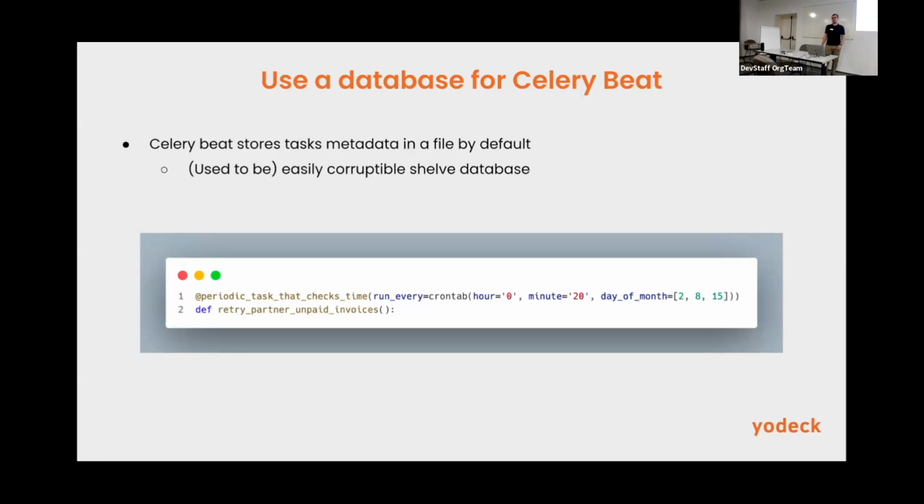And by default, it stores the data and the schedule of when it runs its tasks in a file. This used to be an easily corruptible shelve database. Shelve is a database that is included in the Python standard library.